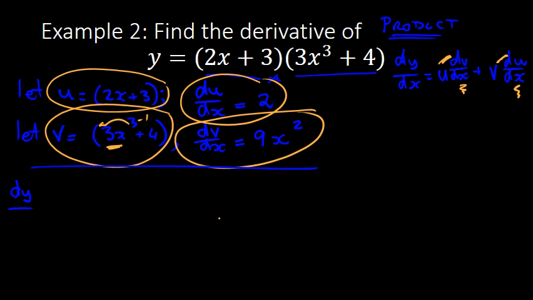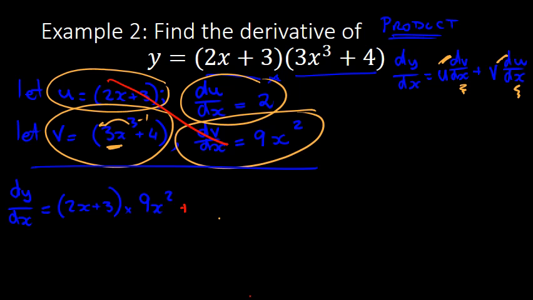So the derivative of y with respect to x is going to be u. In this case, that's 2x plus 3, times the derivative of v with respect to x, 9x squared. So again, diagonal pairs working across that way.